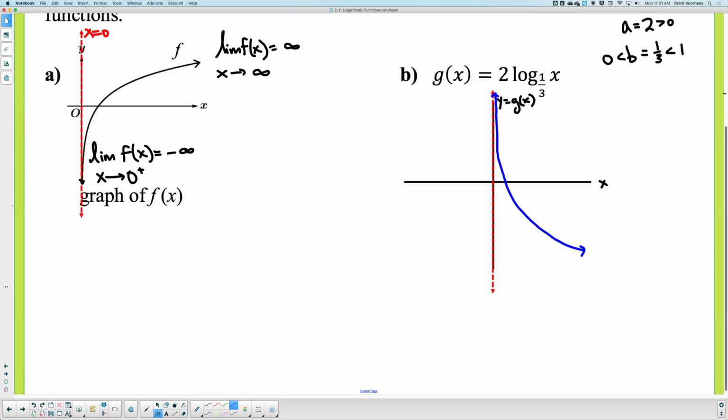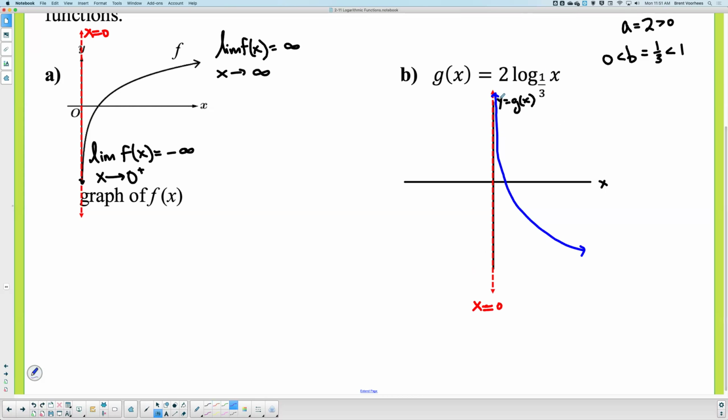How many limits would I need to draw for this graph? 2 limits. I have 2 arrows, 2 ending values. I need to draw 2 limits. By the way, this asymptote would be at x equals 0. X equals 0 is that asymptote.